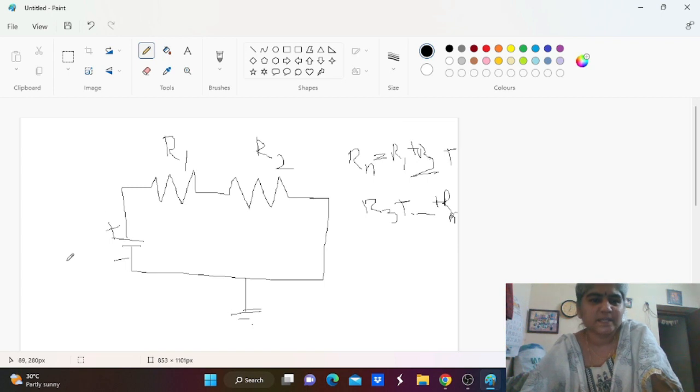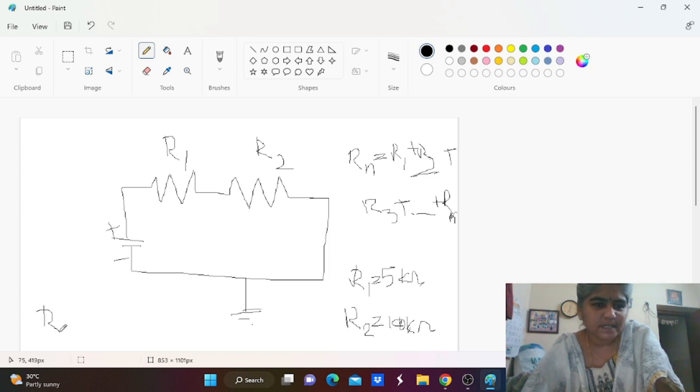For the total resistance, I just assume the R1 value is equal to 5 kilo ohm and R2 equal to 10 kilo ohm. Now we can find the total resistance value. We have to add these two resistance values.